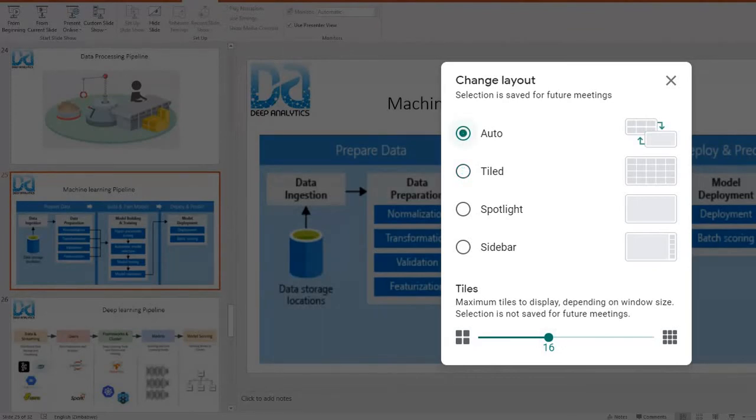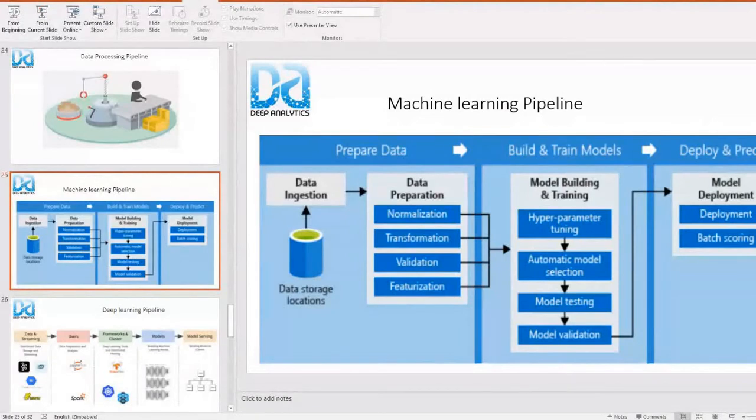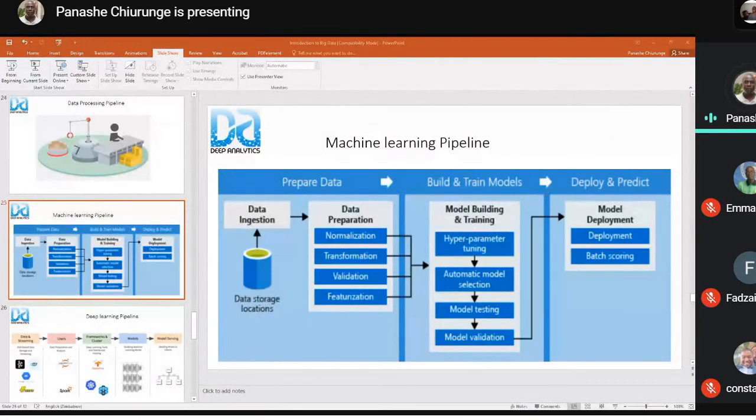And then featurization has got to do with selecting variables which contribute to the performance of the particular model that you're working on. And then you build and train your model, right? When you're building and training your model, you do what is called hyperparameter tuning, and then you do automatic model selection, model testing and model validation, right?